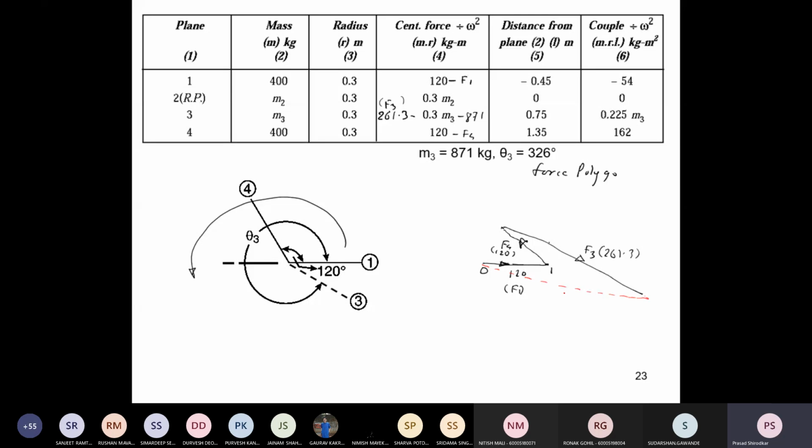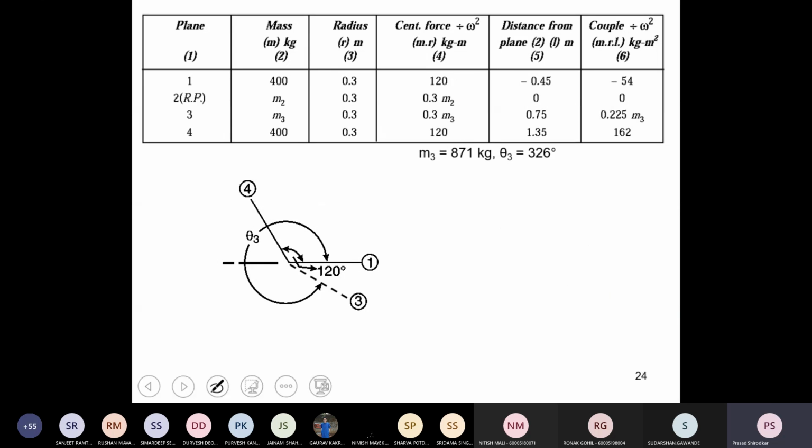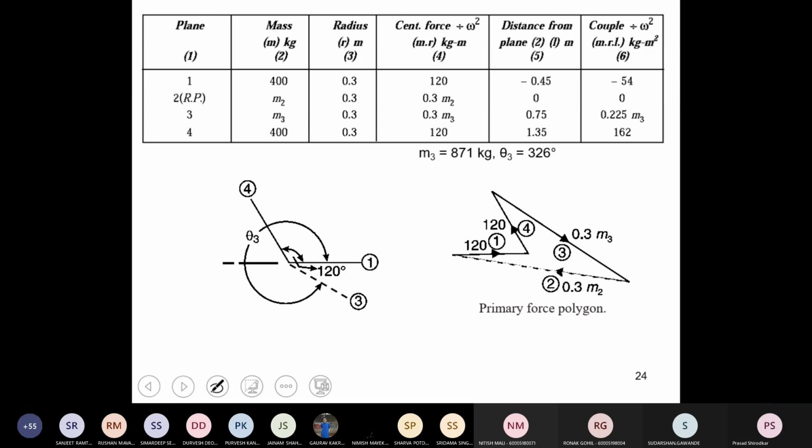So this is your point F2, this one, F2, and that is equal to 0.3 M2. Alright. So this is the primary force polygon.